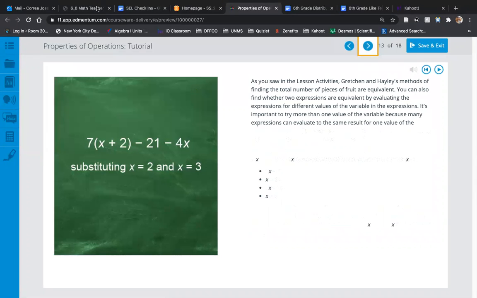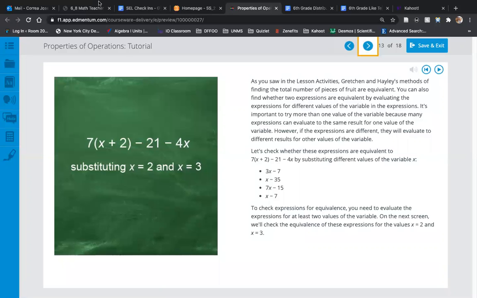All right, so what this slide is basically telling us is that another way to show whether or not 2 expressions are equivalent is that you can also do that by substituting different values. So they're giving us this big expression here. It's 7 multiplied by x plus 2 minus 21 minus 4x.